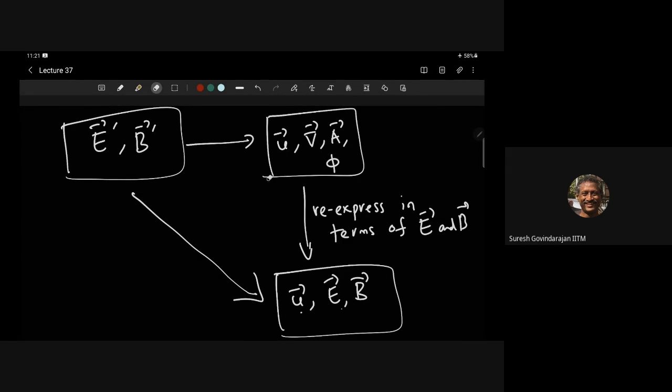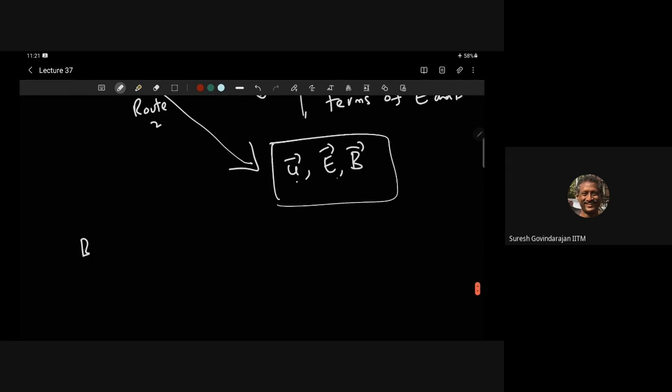You go either like this or like this, you should get the same answer. Is this clear? So this is route 1, and this is route 2. Both routes will agree. So, exercise.